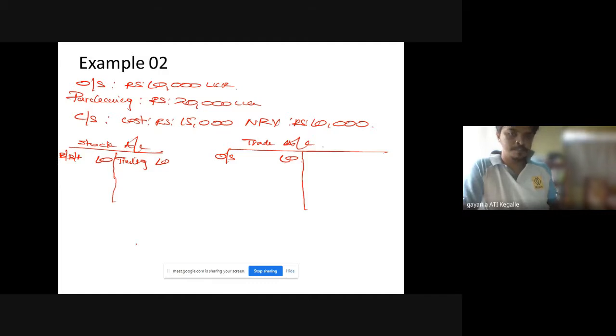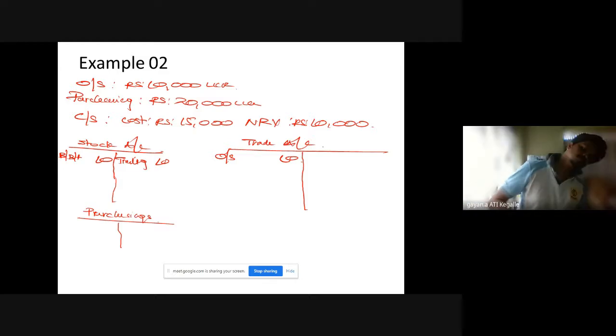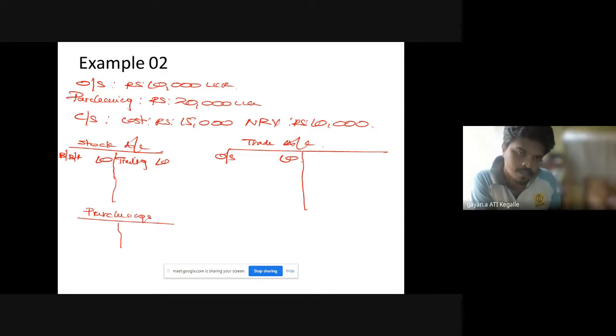Then within this period, they have processed some purchasings. Then cash book credit, purchasing account debit. At the end, we can transfer this amount to the trading account.